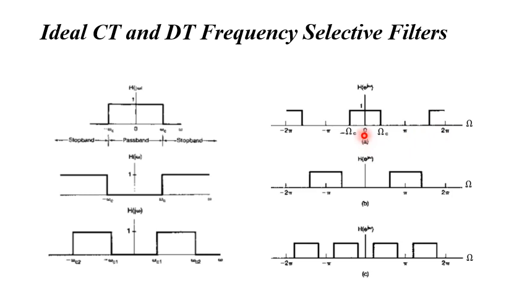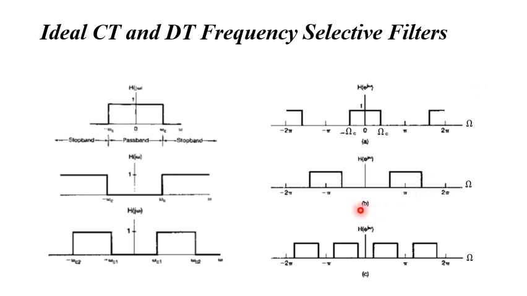So you can see again here that because this is a low pass filter, it will pass the frequencies between 0 and omega c, or between 0 and minus omega c. Similarly, because they have the same frequencies at 0 and again at 2 pi, the response is also periodic for the discrete time case.